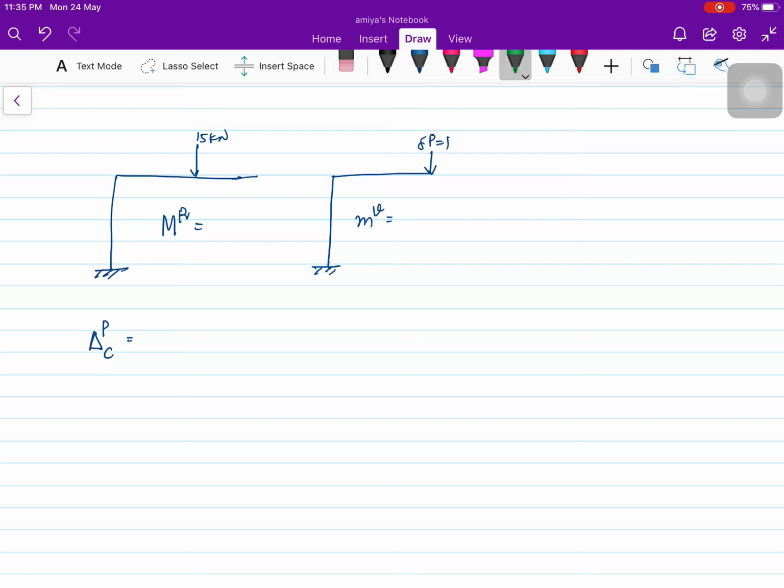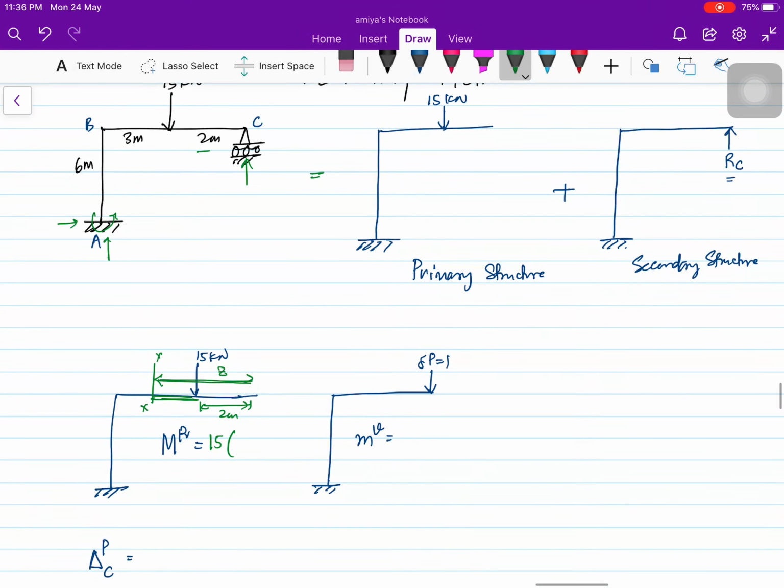So let's consider any section at distance Z from here. Your moment will be 15 multiplied by this distance, which is Z minus 2, since in the question it's given as 2 meter.